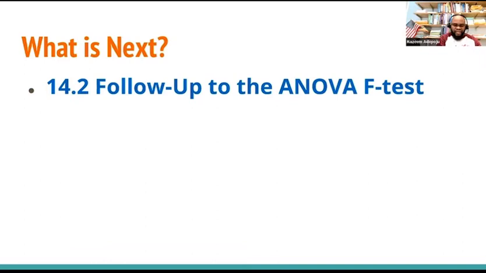The analysis of variance is only going to tell us whether a difference exists or not when you're comparing more than two groups. But the analysis of variance will not tell you where the difference lies. But how do we analyze where the difference lies if we have rejected the null hypothesis in the analysis of variance? That is what we're going to do next on Wednesday.